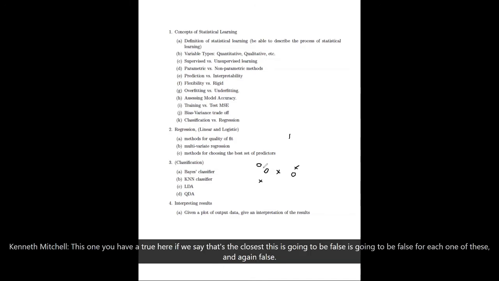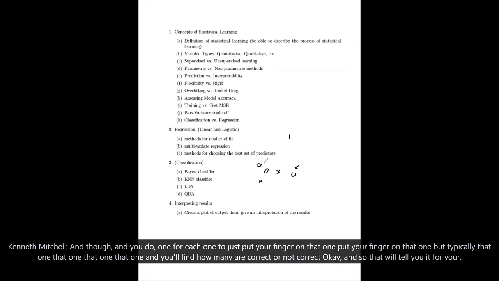This one, you have a true here to here. If we say that's the closest, this is going to be false. This is going to be false for each one of these. And again, false. And you do them for each one. So just put your finger on that one, that one, that one, and that one. And you'll find how many are correct or not correct.